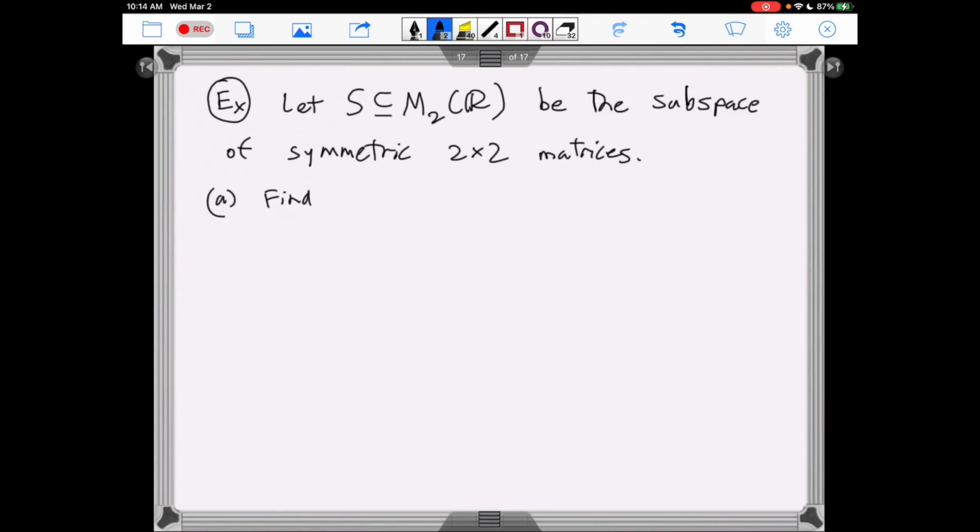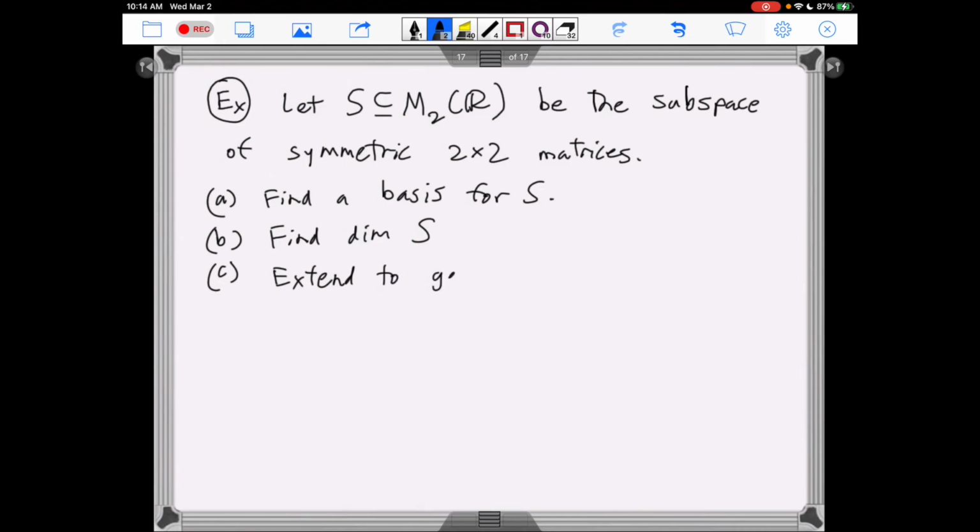First, find a basis for S. Then, find the dimension of S. And then finally, extend to get a basis for M2R.